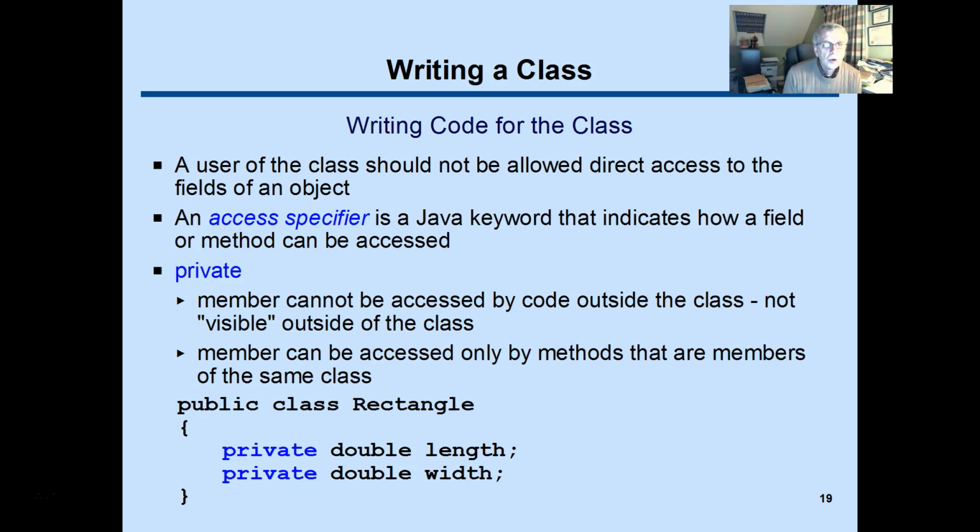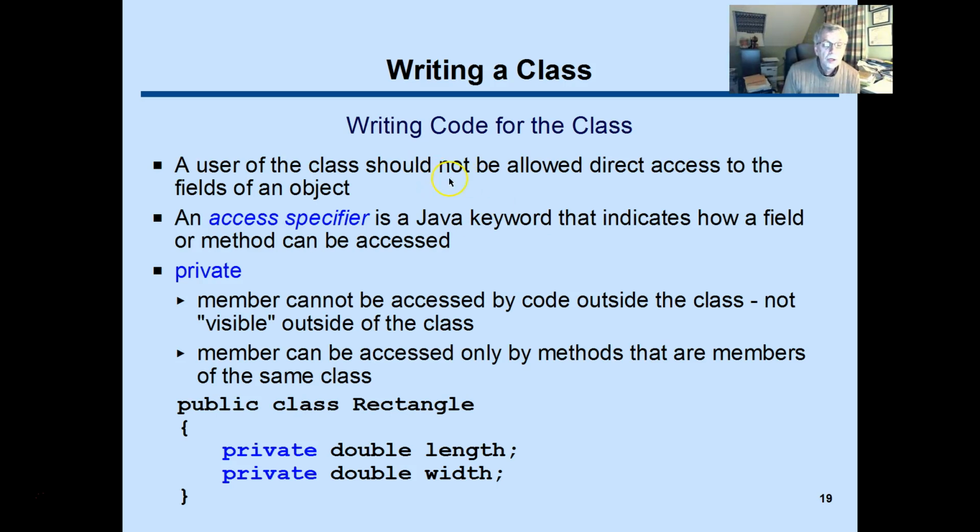Now, when we go to write the code, this is where it gets kind of interesting. When we created our applications, we always created a class, public class, whatever. The public is what's called an access specifier or an access modifier or a visibility modifier. It says something about how that particular thing can be viewed or whether it can be viewed from outside of the class.